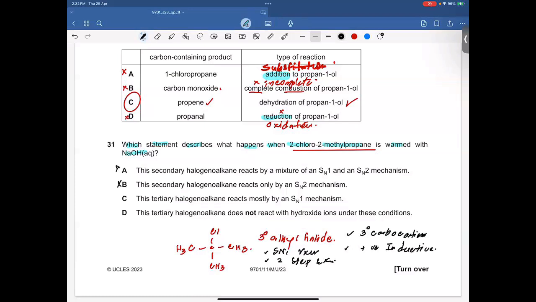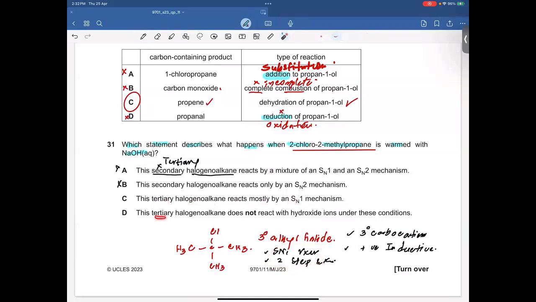That means option A is incorrect, because it is saying secondary halogenoalkane, but technically it is a tertiary halogenoalkane. Okay. Now competition exists between B, C and D. This tertiary halogenoalkane reacts mostly by the SN1 mechanism. That's right.